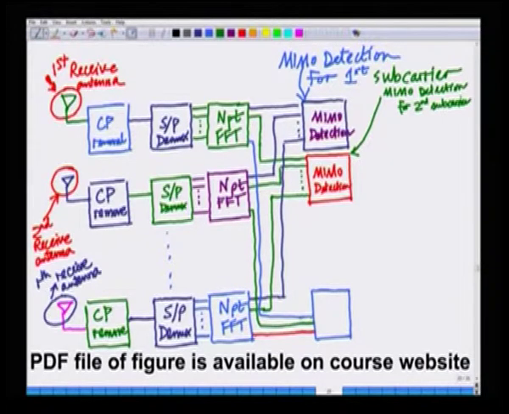And this is the MIMO detection for the last subcarrier.